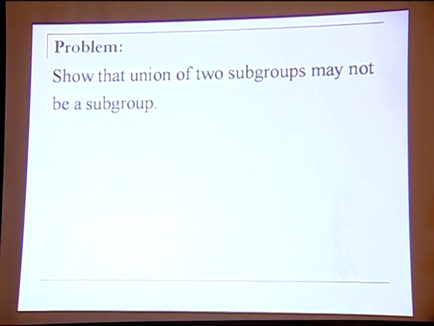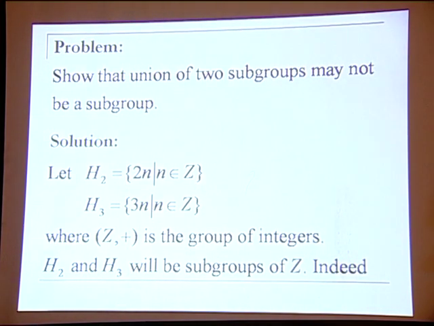Show that union of two subgroups may not be a subgroup. Let H2 is equal to 2n, n belongs to Z, and H3 is equal to 3n, n belongs to Z. Here Z is a set of integers. So we are taking a group Z with operation plus.